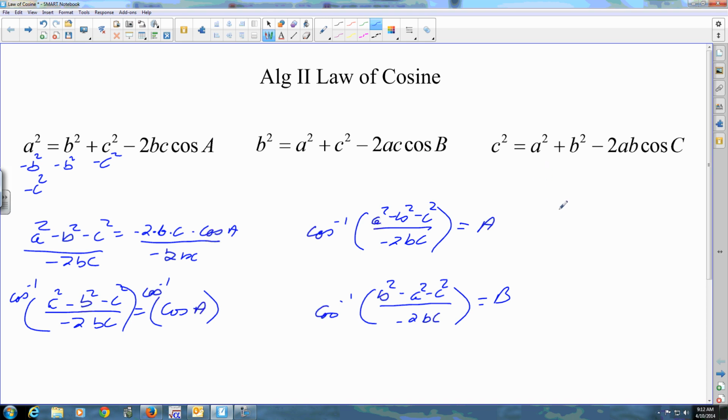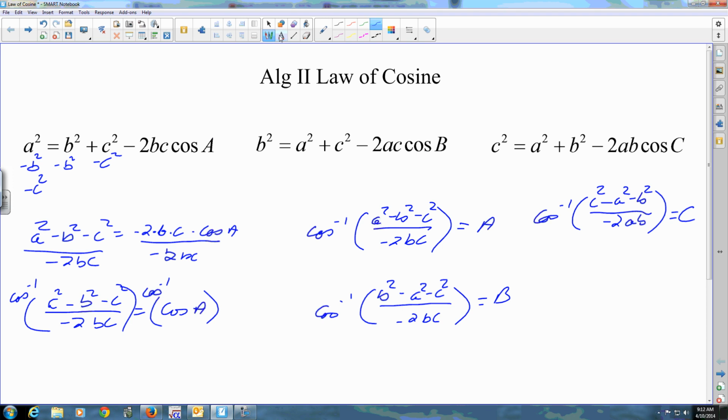This one's going to end up being inverse cosine. C squared this time is going to come first, then the other two sides, and then you would divide out the negative 2AB. I made a mistake, I said BC, I don't know why. And that's going to equal angle C.